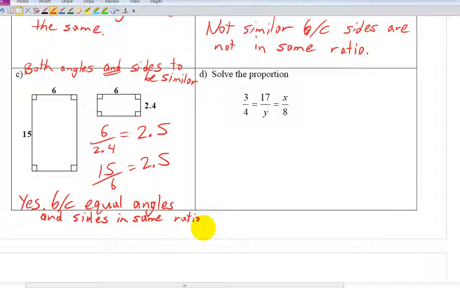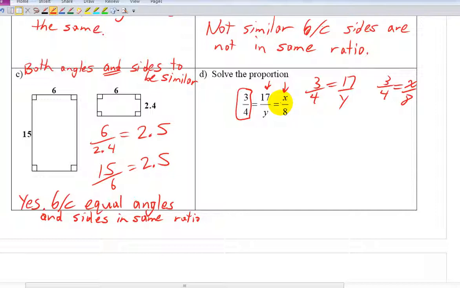D, solve the proportion. Notice how these 2 fractions are both equal to 3 over 4. So that's what we need to do, is we need to set 3 over 4 equals 17 over y, and 3 over 4 also equals x over 8. This is an x. I know, you're doing the math already. Just slow down for a bit, right?